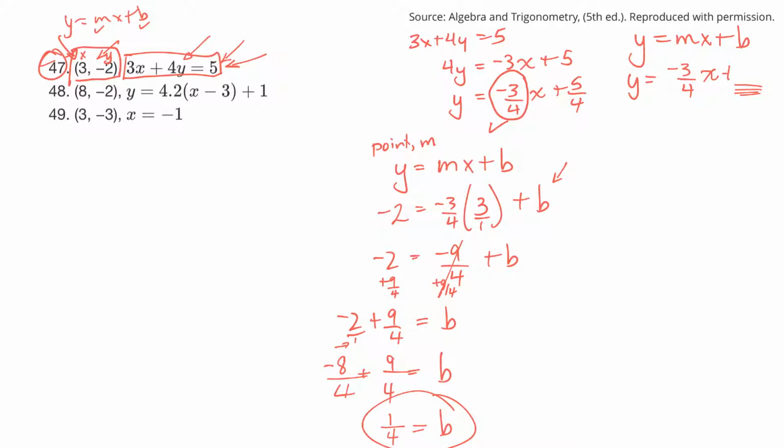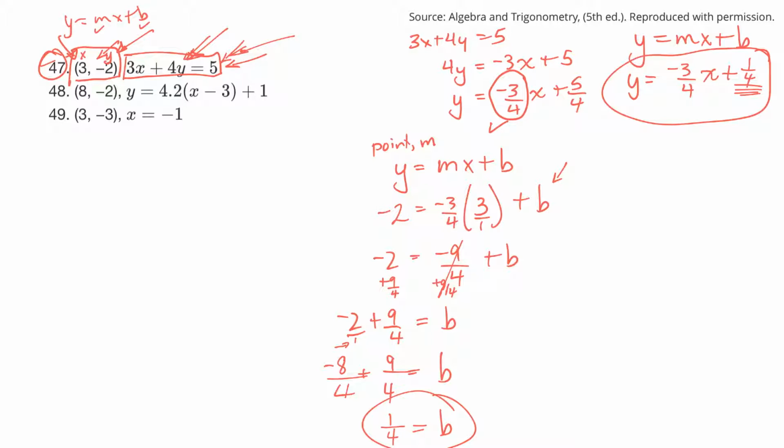So up here, positive 1/4, that would be the equation of the line that passes through this point and is parallel to that line. Now, the other question that they do ask in 47 is to figure it out if it's parallel to this line, but also figure it out if it's perpendicular to that line.